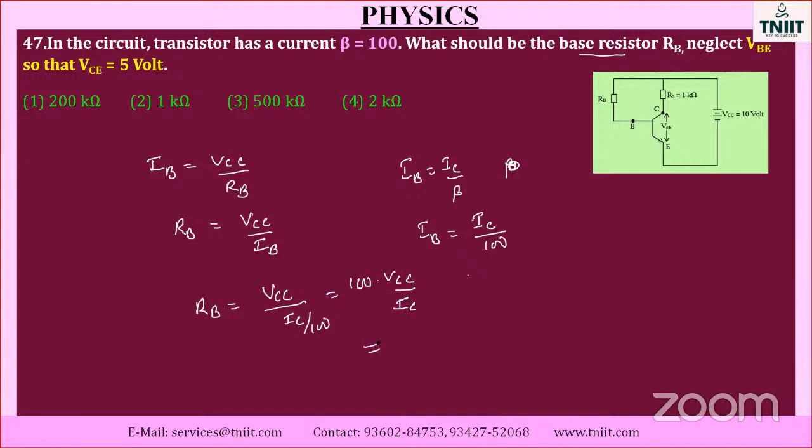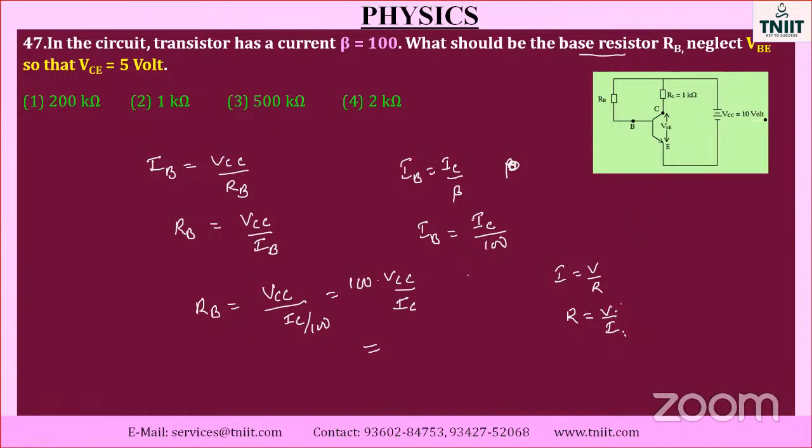By Ohm's law, I is equal to V by R, so R equals V by I. That is VCC by IC.